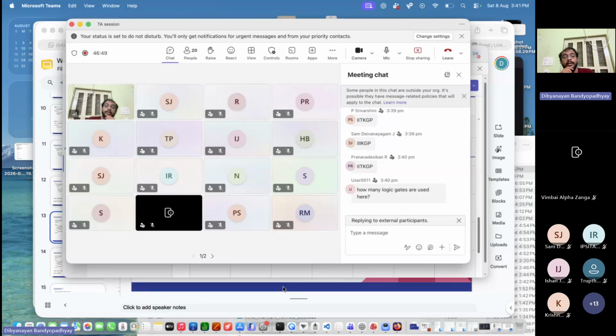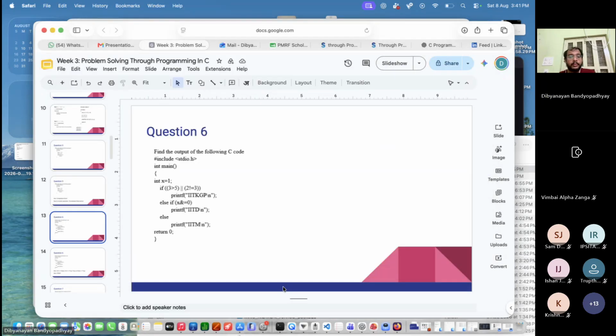How many logic gates are used here? It depends actually. So for this operation, how many operations are performed?